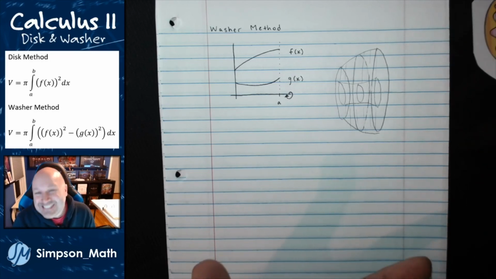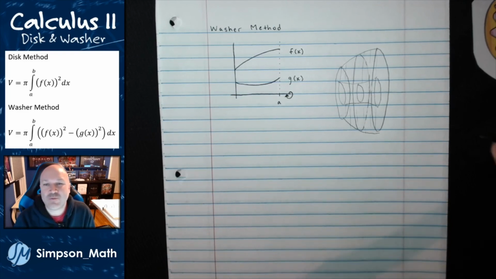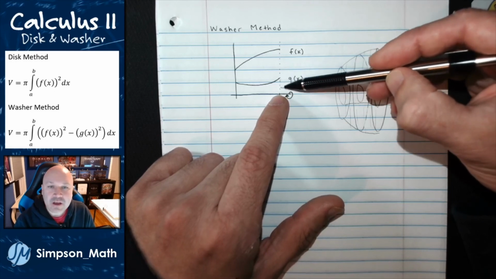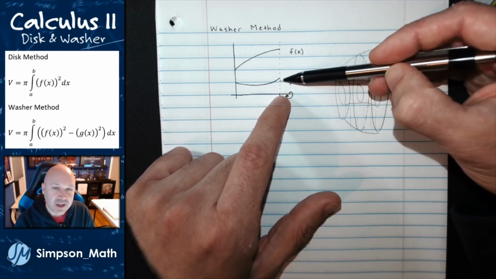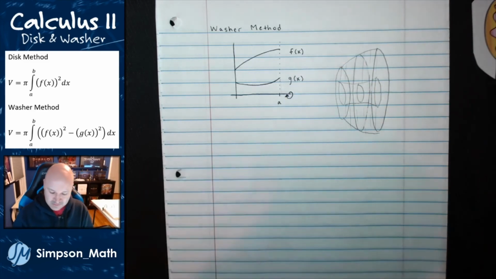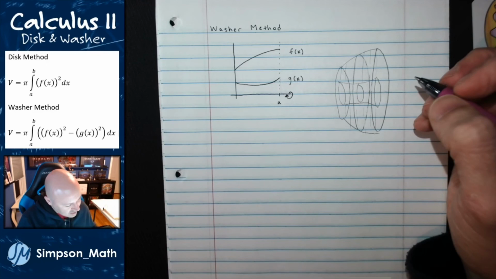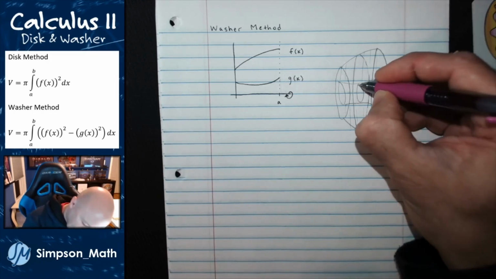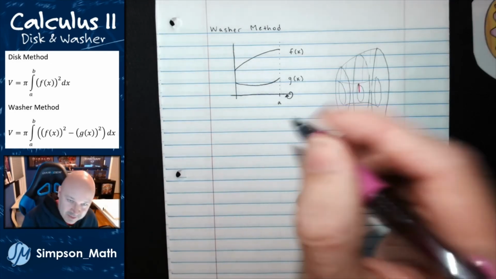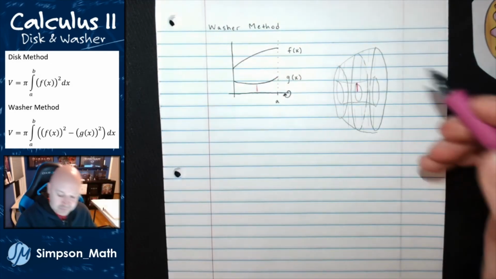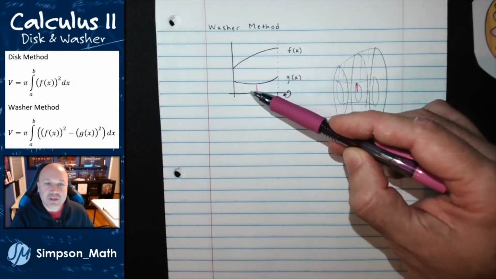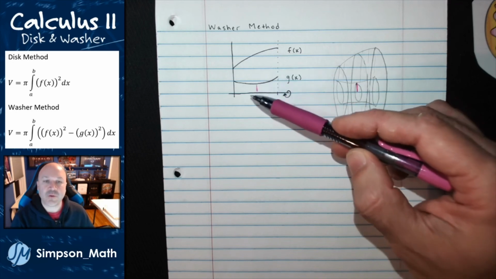Okay, well, I see circular cross sections yet once more. I see area from the x-axis to g, and I see area from the x-axis to f. Let me get some color in here and maybe it might help. This pink is the radius of the circle cross sections when we rotate g.